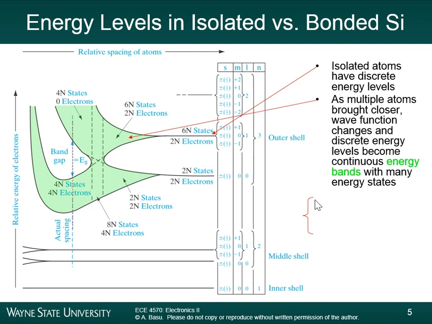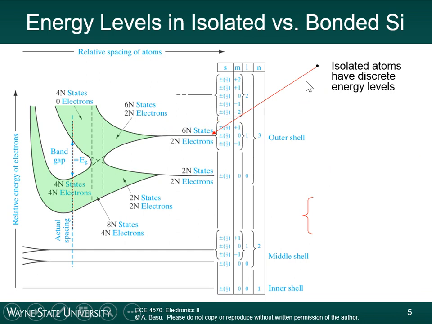As the atoms are brought closer together, the wave function will change, and the energy levels become continuous energy bands rather than having these discrete states. So at the right here, if we solve the Schrodinger equation, we'd get these discrete energy states that the electrons can be in.